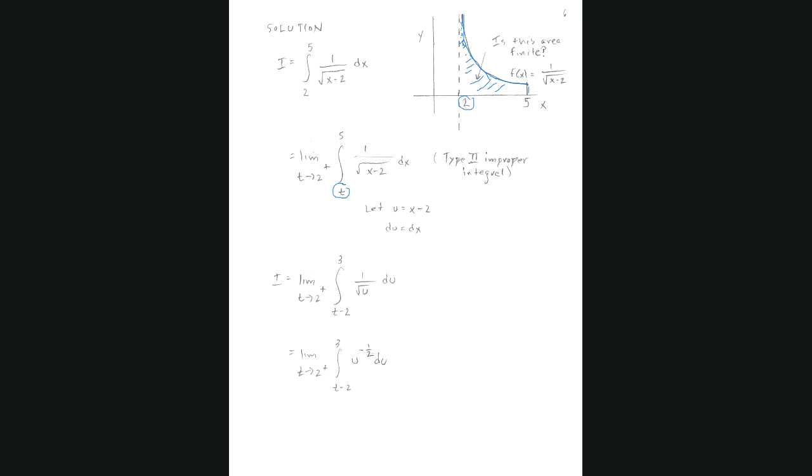Now I'm going to integrate from t to 5 of 1 over the square root of x minus 2 dx. I'm going to get an answer, but then I'm going to take the limit as t approaches 2. And of course, it's from the right, because we're approaching t equals 2 from the right here.